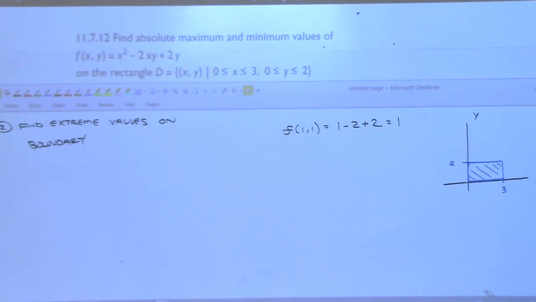Well, how to do this? Label the boundary pieces L1, L2, L3, and L4. It doesn't matter how you label them; it's up to you. I'm going to use L1, L2, L3, L4.